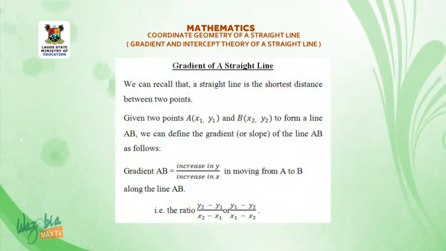We can recall that a straight line is the shortest distance between 2 points. Given 2 points A, coordinates x1, y1, and B, coordinates x2, y2, to form a line AB, we can define the gradient or slope of the line AB as follows.